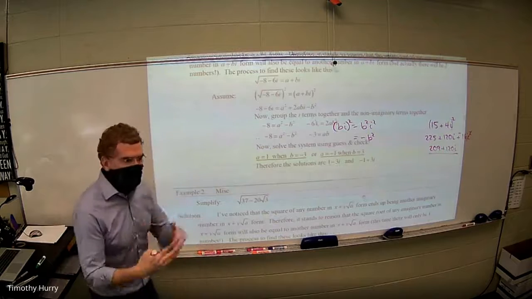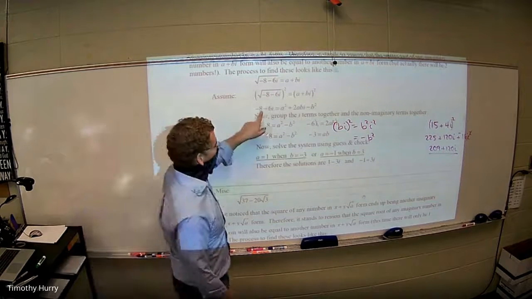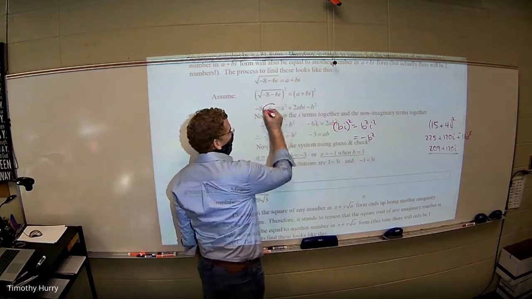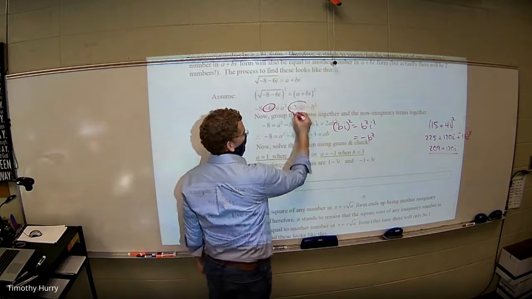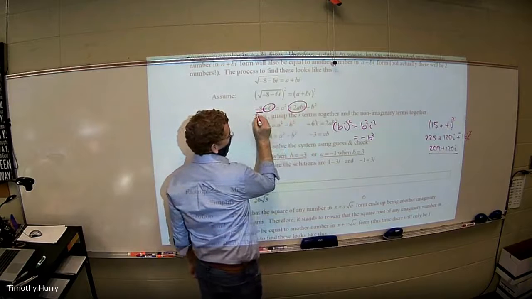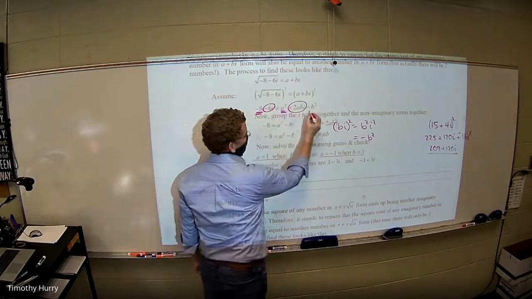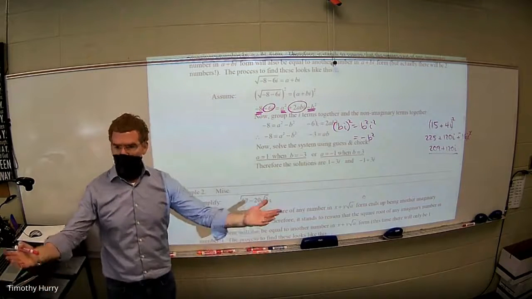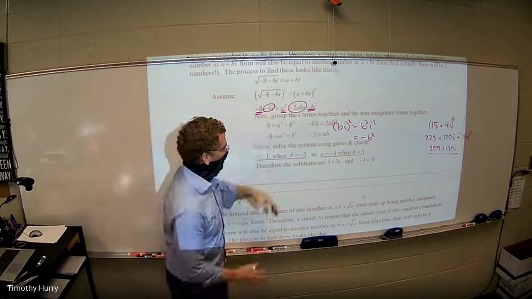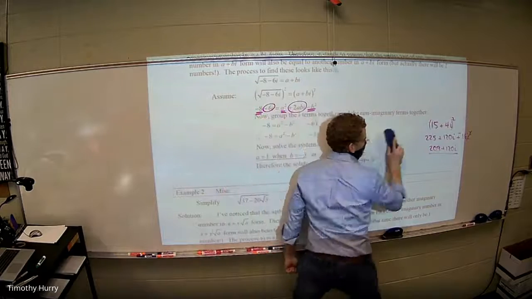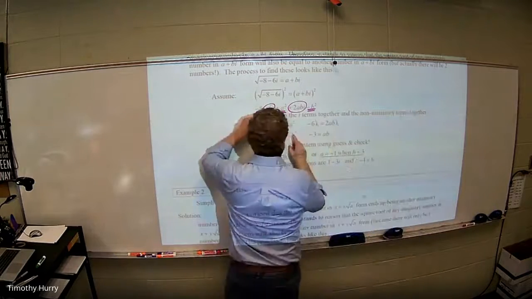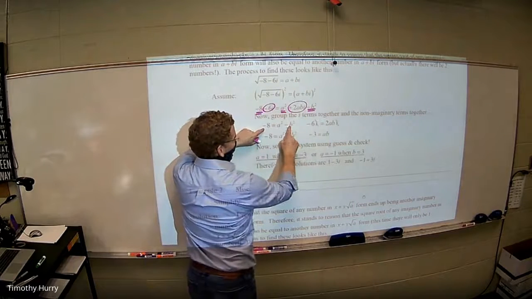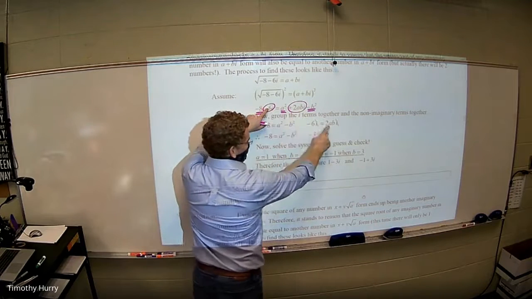Doesn't it make sense that if that is equal to that, the imaginary part would be equal to the imaginary part, and that the non-imaginary part would be equal to everything that's non-imaginary? So, I write two equations that represent that. So I'm going to write negative 8 equals that minus that, and negative 6i equals that.